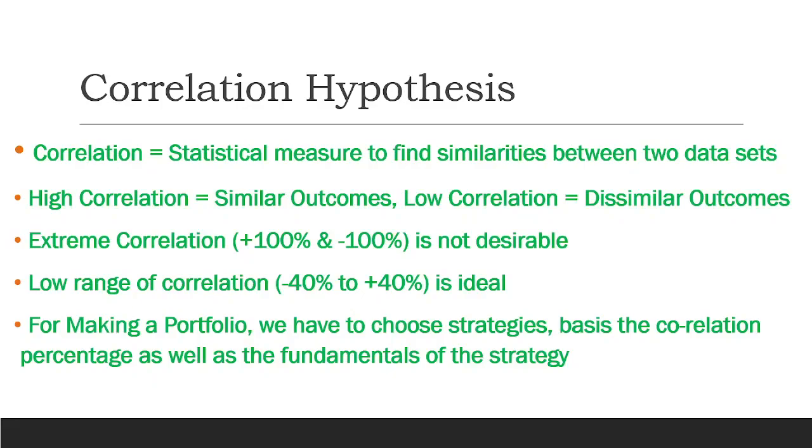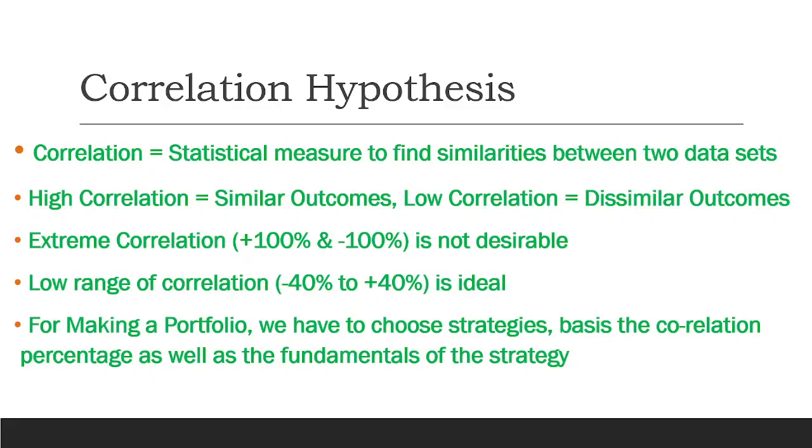There is also a concept called extreme correlation, which is a 100% correlation or a minus 100% correlation, which is not desirable. 100% correlation basically means it is essentially the same strategy or the same data set. So every day, you'll have the same data. The variance or the standard deviation between the data will be less. In case of a negative correlation, the standard deviation is equal to the sum of the difference.